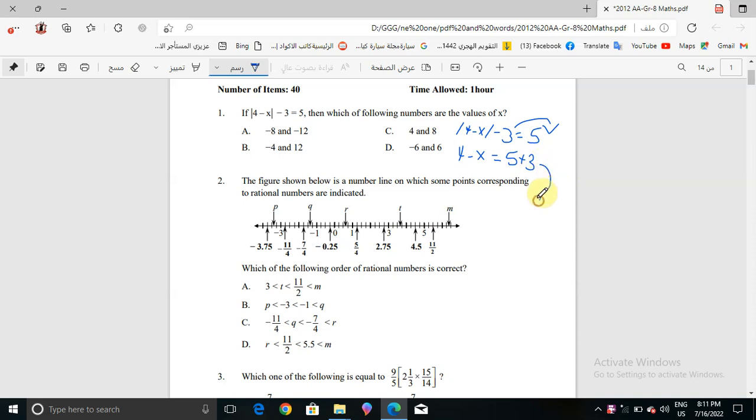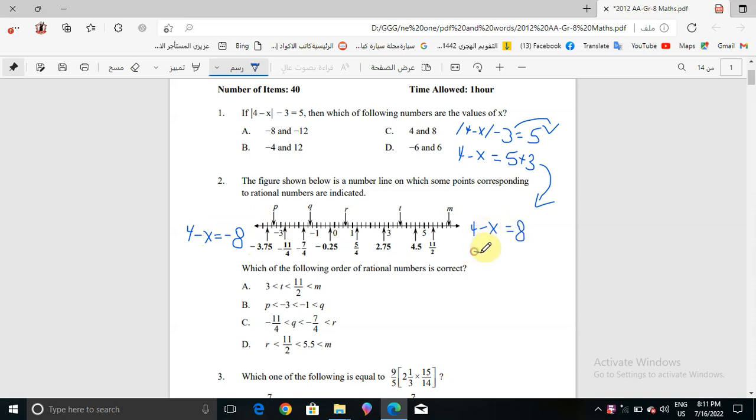Then what we'll make here? It will be 4 minus x is equal to 8, or the reverse, which is 4 minus x is equal to negative 8, right? Okay, let's first solve 4 minus x is equal to 8.